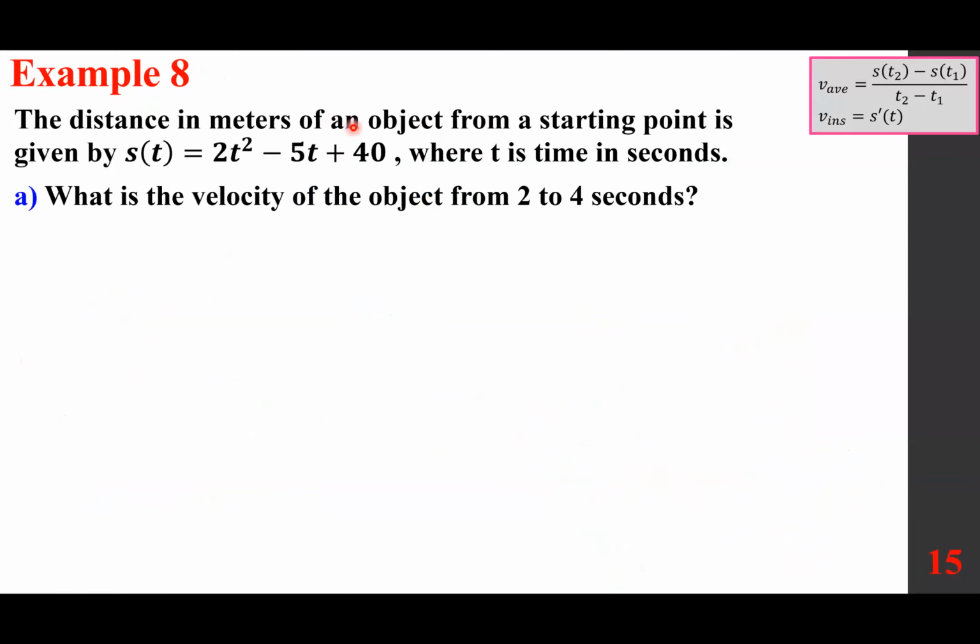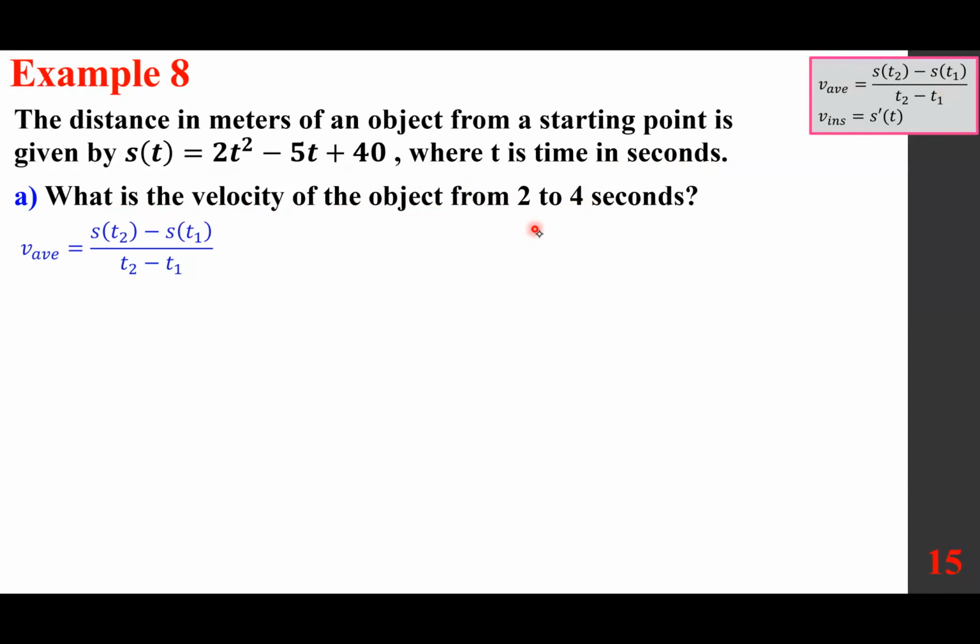The distance in meters of an object from a starting point is given by s of t equals 2t squared minus 5t plus 4, where t is time in seconds. What is the velocity of the object from 2 to 4 seconds? Remember, we have done exactly the same question, which is discussing the average velocity. Anytime you have 2 points in time, it's average velocity.